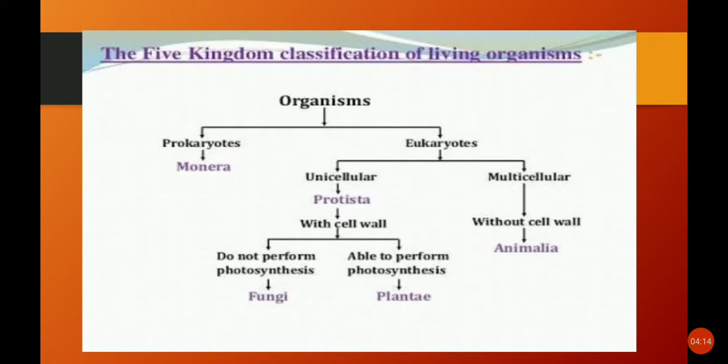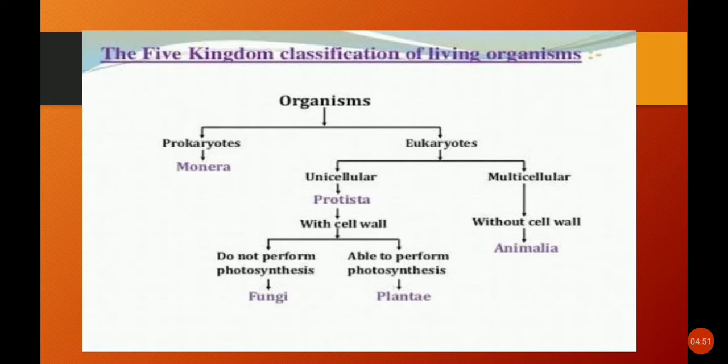In the kingdom classification of living organisms, all prokaryotes come under Monera, and eukaryotes are placed as unicellular and multicellular. Unicellular organisms come under Protista. Depending on having a cell wall or not, it is divided into fungi and plantae.